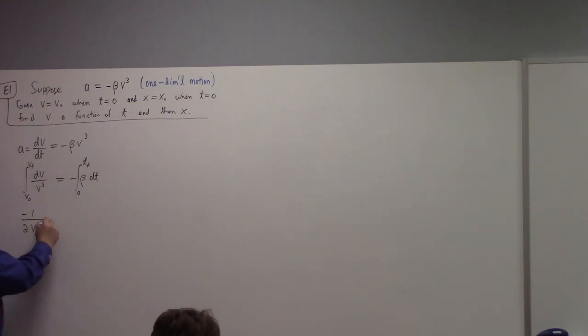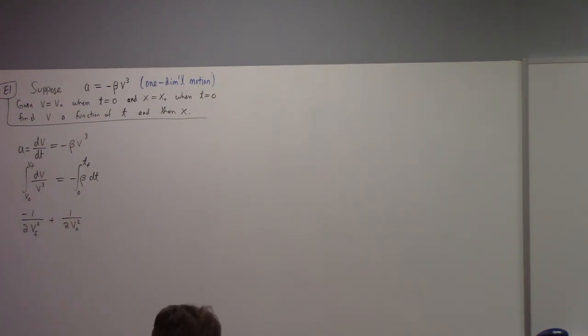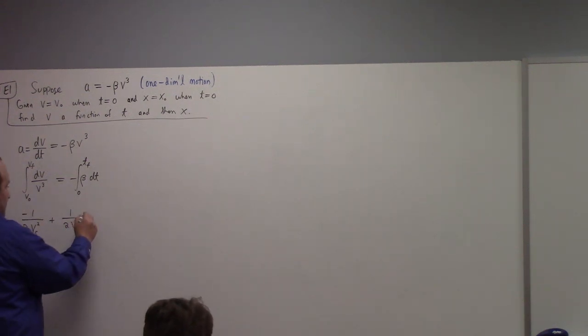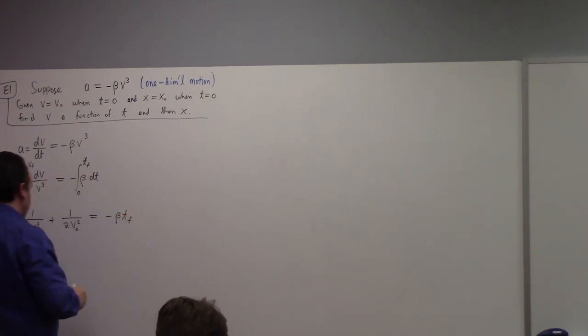So I have minus 1 over 2 vf squared plus 1 over 2 v naught squared. The integral to the minus 3 power is minus 3 plus 1, which is minus 2, divided by minus 2. So that's just the power rule. And then on the right-hand side, that's easier, right? We just get minus beta times the final time.